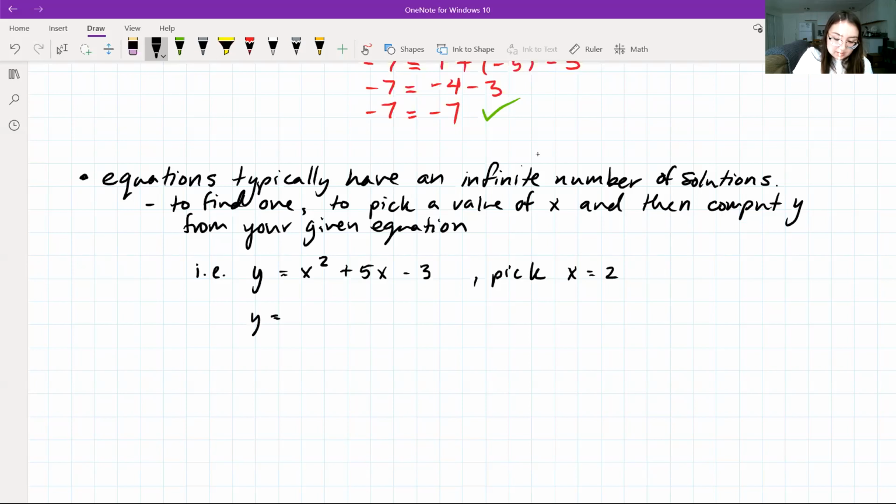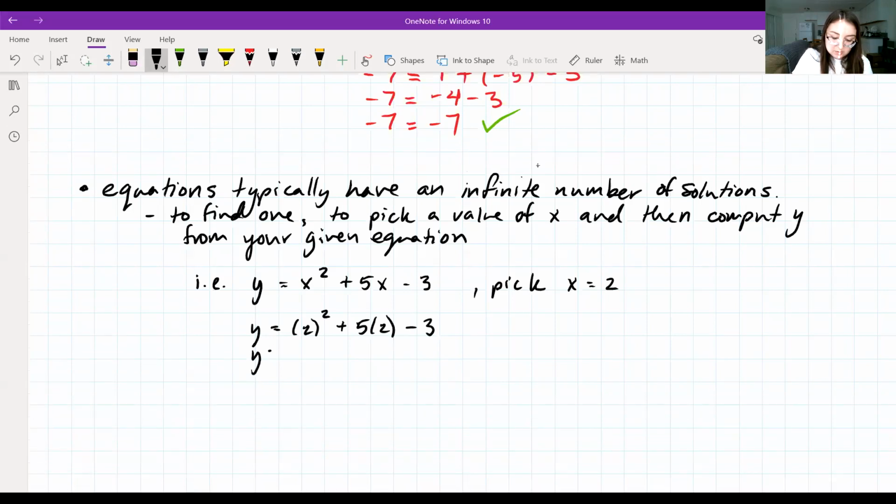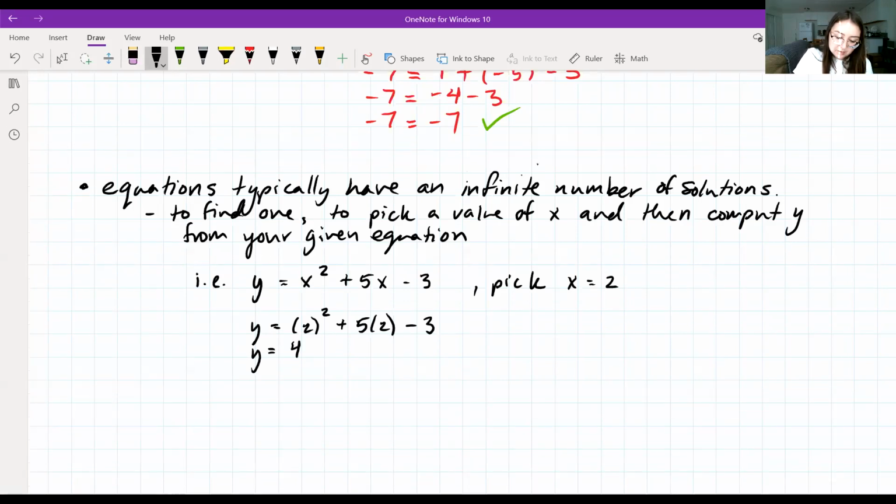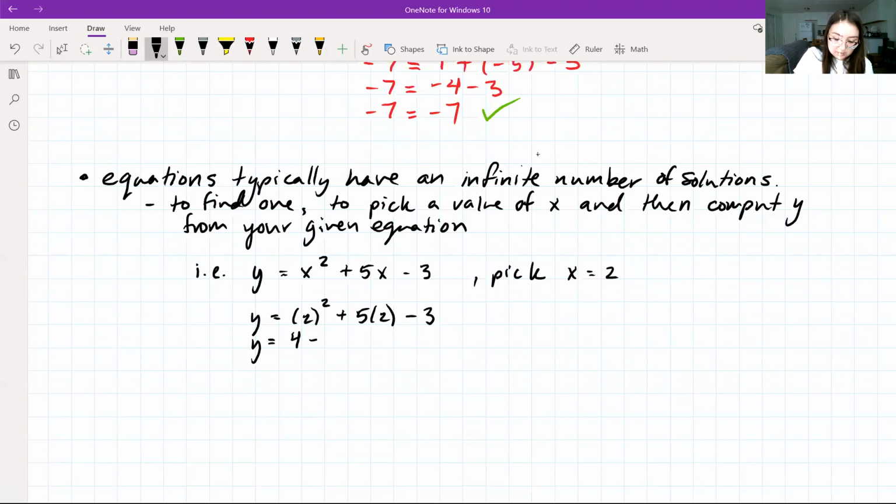And now I'm going to compute y. So I get y is equal to 2 squared plus 5 times 2 minus 3. So we get y is equal to 2 squared, which is 4, plus 5 times 2, which is 10, minus 3. So we get 14 minus 3.